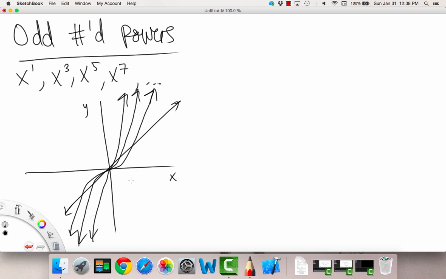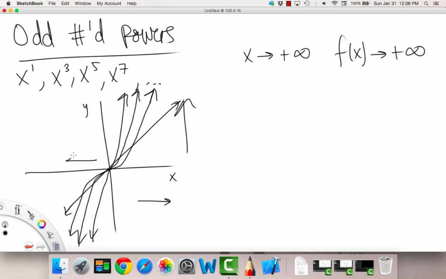The thing to note here is that as x goes to positive infinity, which means goes to the right, our function values are going up. So f of x is going to positive infinity as well. But on the left-hand side, when x goes to negative infinity, all the way to the left, our function values are going down. They're dropping. So f of x goes to negative infinity.